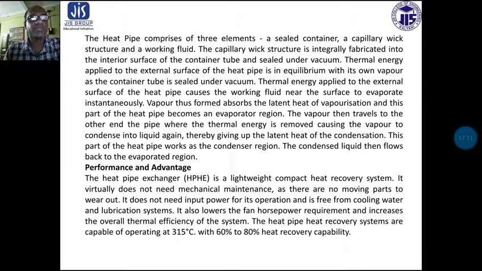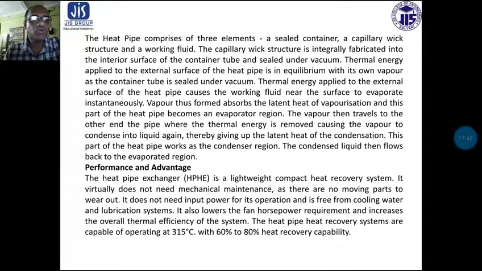Performance and advantages. The heat pipe exchanger is a lightweight, compact heat recovery system. It virtually does not need mechanical maintenance, as there are no moving parts to wear out. It does not need input power for its operation and is free from cooling water and lubrication systems.